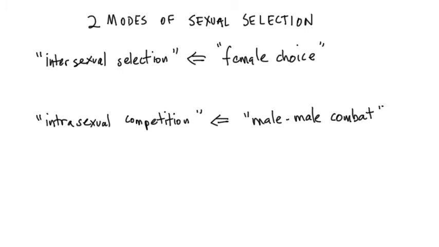Examples of this are bighorn sheep, where the rams smash heads until the one left standing gets to mate with the ewes of the harem. Or the elephant seals we talked about in the last lecture. Males engage in a violent sumo match with a lot of biting involved. And the one who isn't chased from the beach has mating rights to all of those female seals that are basking on the sand.